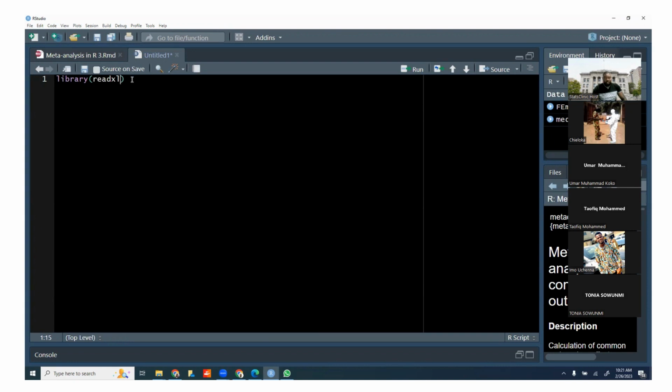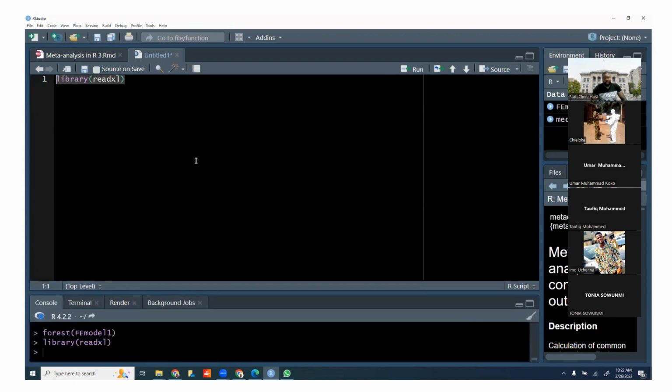You will need to select it and run it. That's how this works. It's just a plain coding interface, the same thing that you would have if you have used Stata before. This is what that interface looks like.